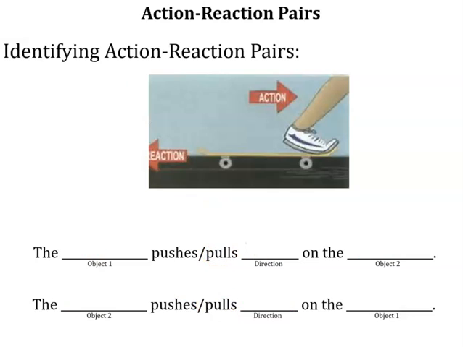Let's try another one. This time we have the foot and a skateboard. We'll say the foot is 1, the skateboard is 2. The foot pushes backward on the skateboard.